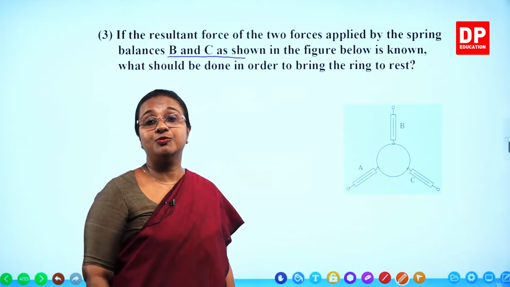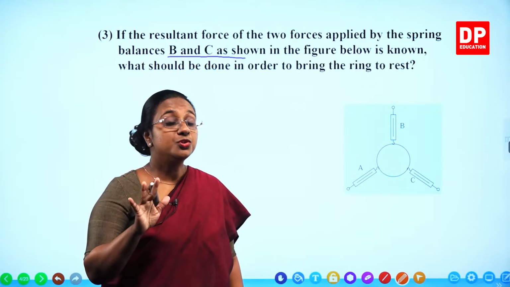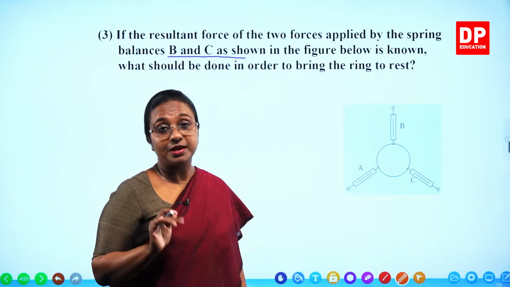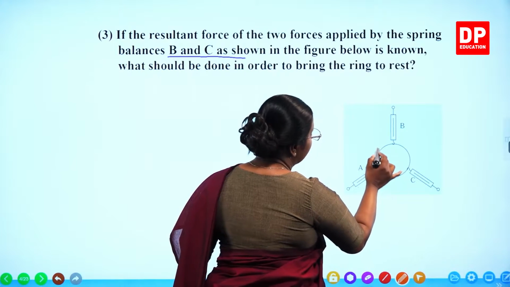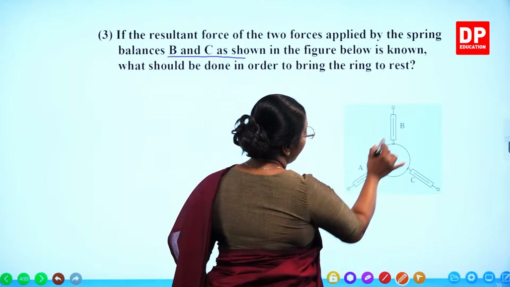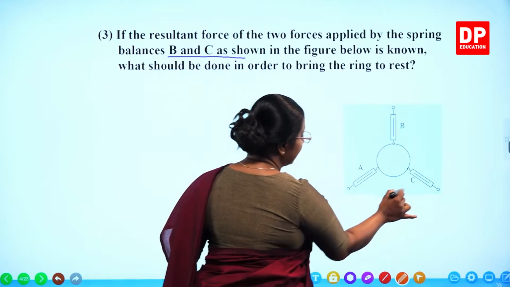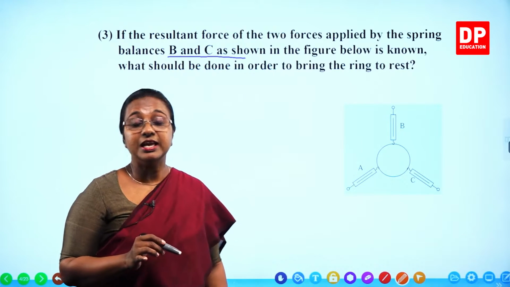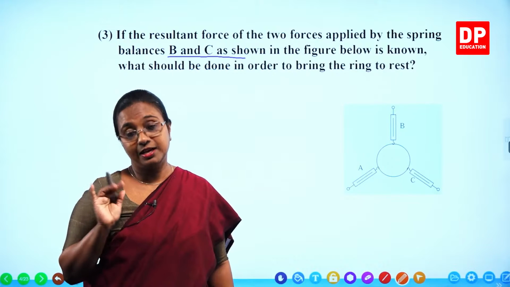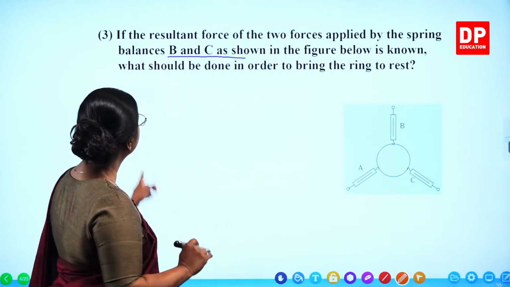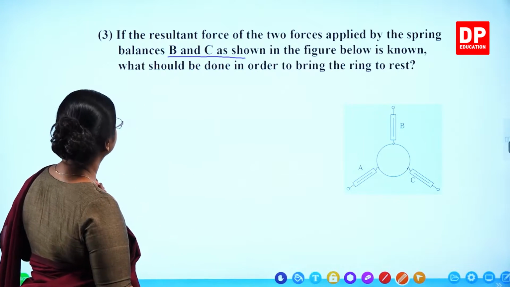Direction between the two forces B and C. So to bring it back to equilibrium or to rest, what should we do? We apply this force A in the opposite direction of the resultant of B and C, and it should be equal in magnitude. Then the ring will be at equilibrium. So that is what you need to explain here.